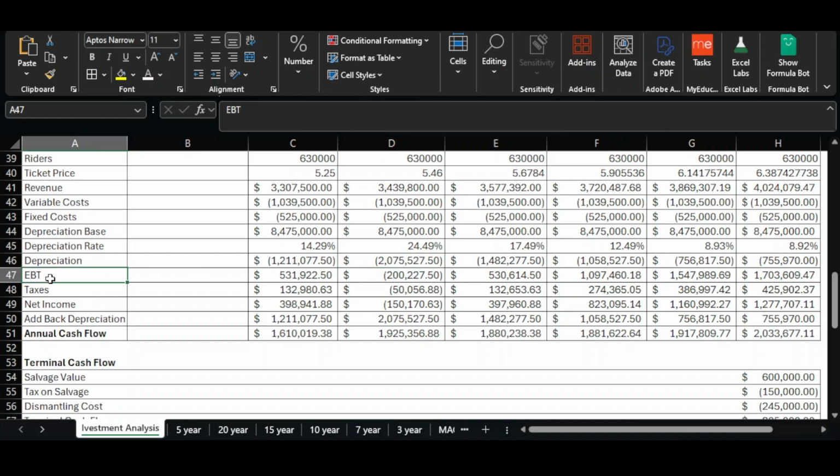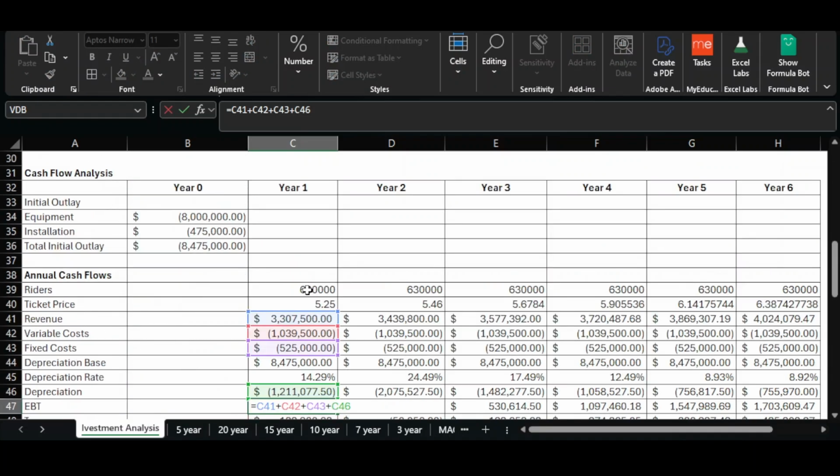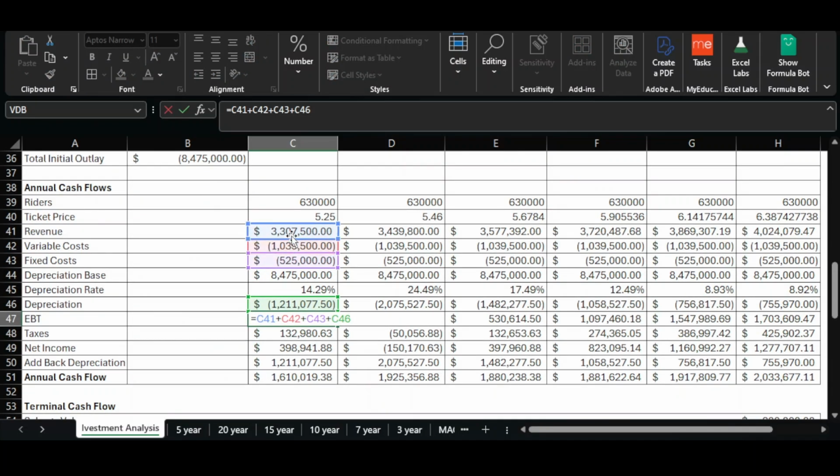Now the earnings before tax is the next line item. It is simply the summation of the following. It's the summation of the revenue. This is a standard formula in finance.